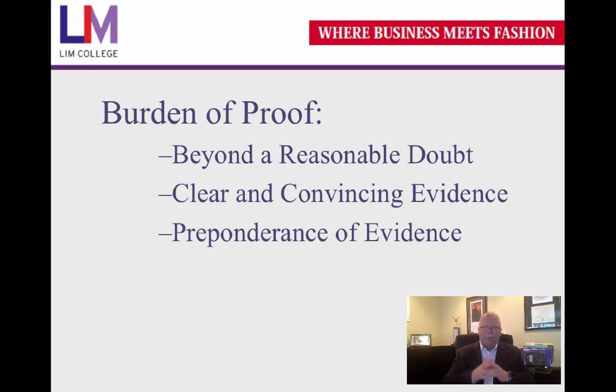All right, if you put a number on it, it's like 51%. You have to prove your case more likely than not, and you win. All right, this is different than in a criminal case where the burden of proof is beyond a reasonable doubt.